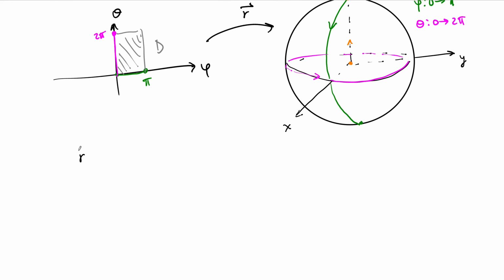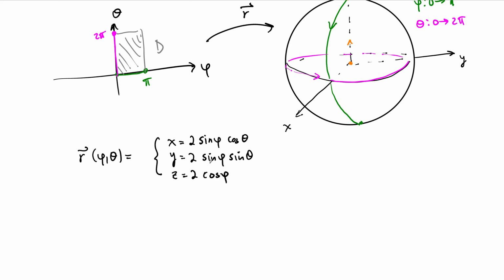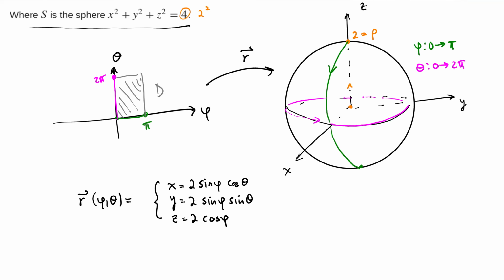R is going to be a function of phi and theta, and our rho is fixed at 2. We're just going to use spherical coordinates here. So x is 2 sine of phi cosine of theta, y is 2 sine of phi sine of theta, and z is 2 cosine of phi.